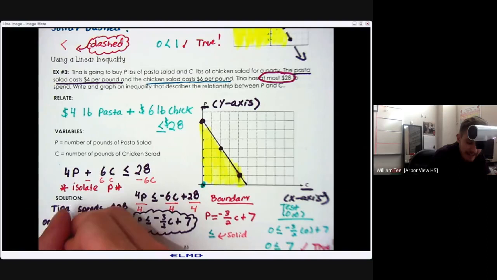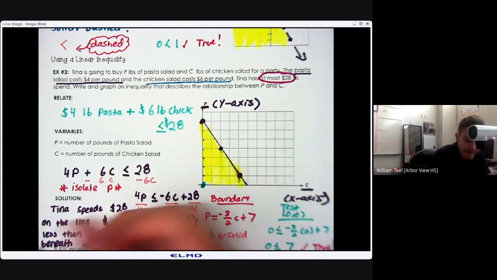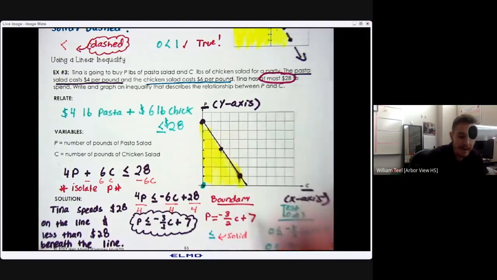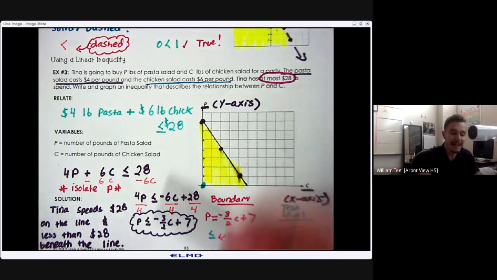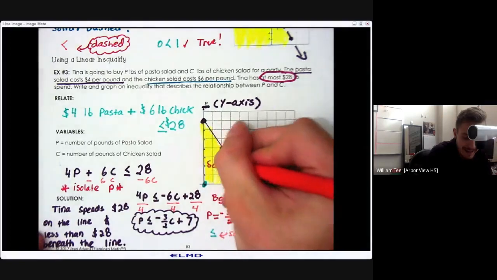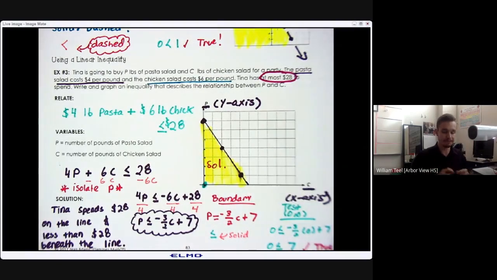So that's how we kind of make sense of what this graph means. So if she spends an ordered pair that is on the line, that means she is spending the $28 in full. If she is spending any of the ordered pairs that fall beneath the line, that means she is spending less than $28. And this, again, is the solution.